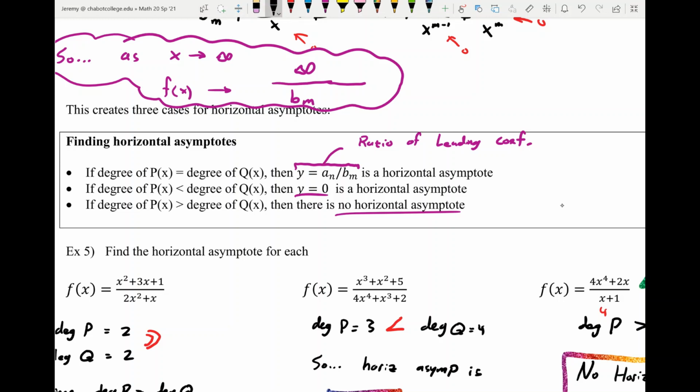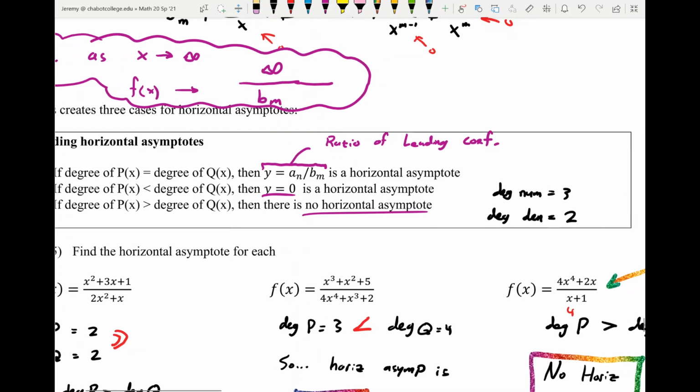So the degree of the numerator is equal to 3, and the degree of the denominator is equal to 2. So basically, we're in this case right here, where the degree of p of x, the numerator, is greater than the degree of the denominator. So there is going to be no horizontal asymptote.